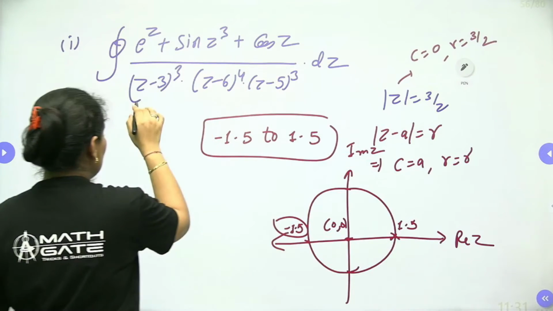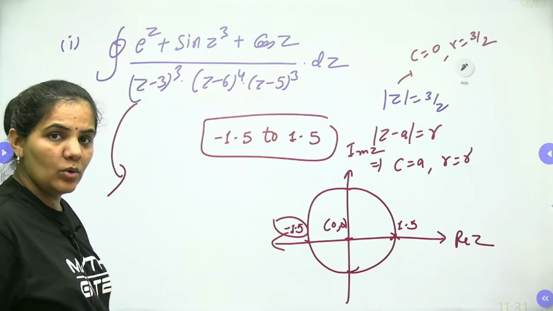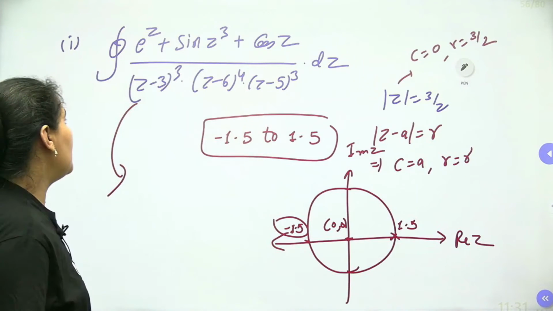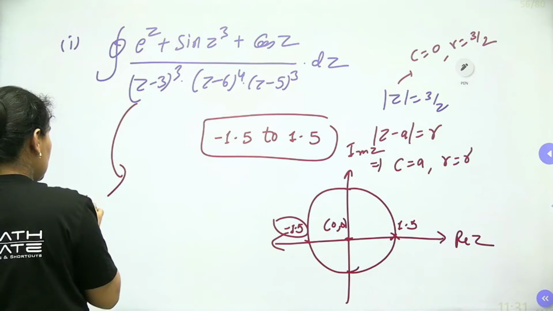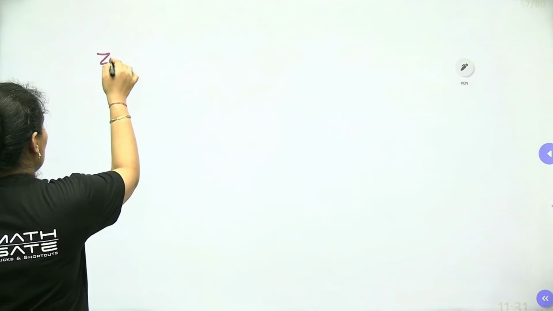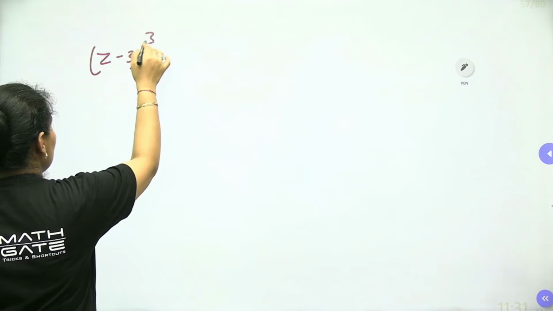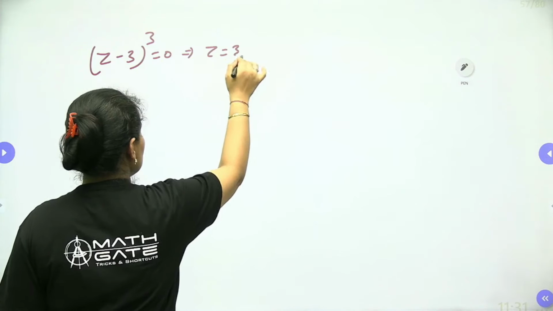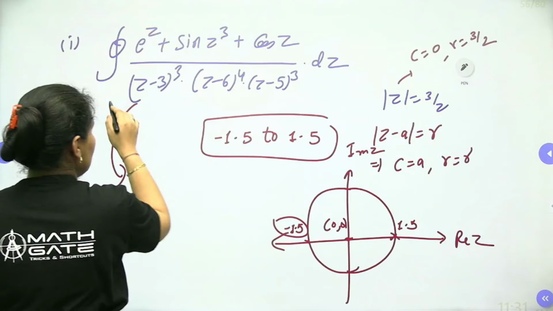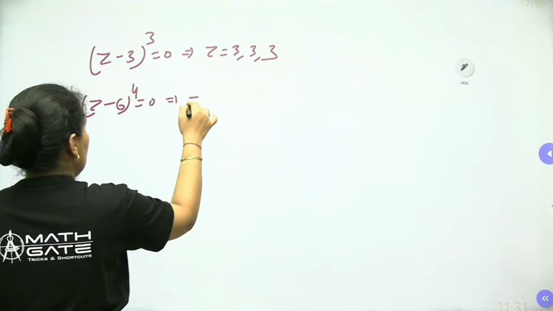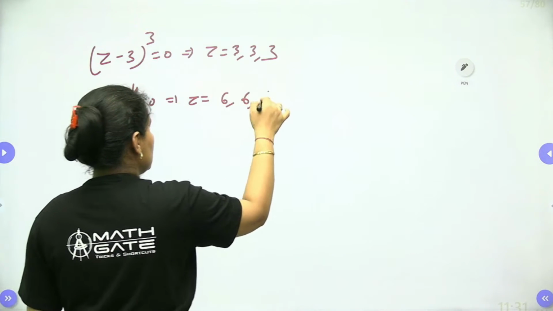Let's check how many poles are inside the closed curve and how many are outside. To find the poles, we put the denominator equal to 0. First, (z minus 3) whole cube is equal to 0, so z is equal to 3, 3 and 3. The second is (z minus 6) to the power 4 equal to 0, so z is equal to 6, 6, 6 and 6.